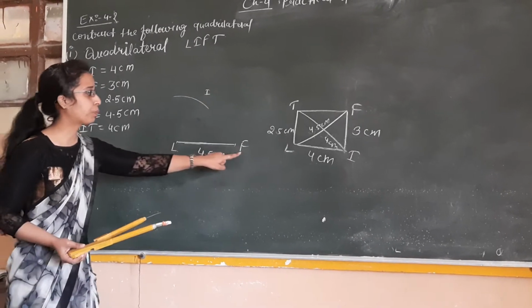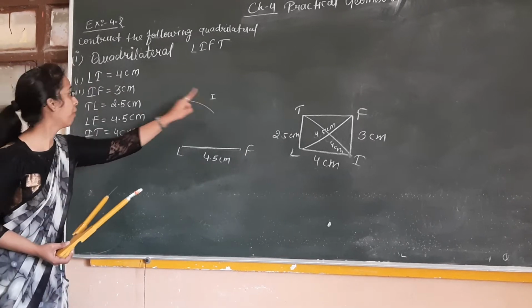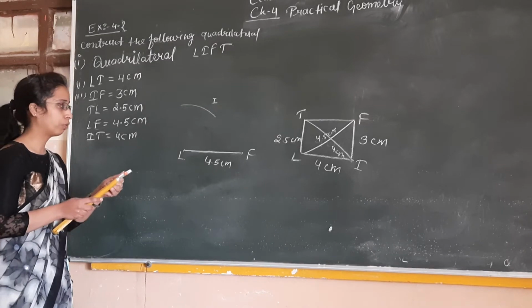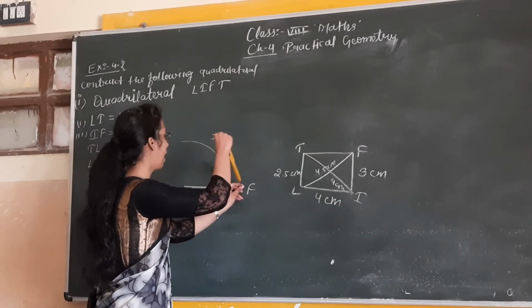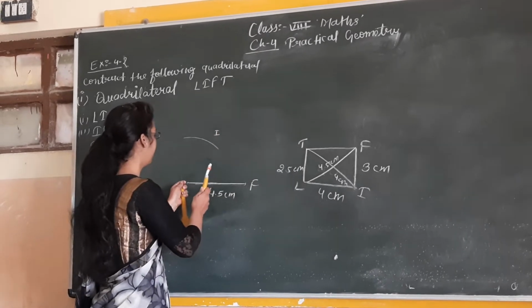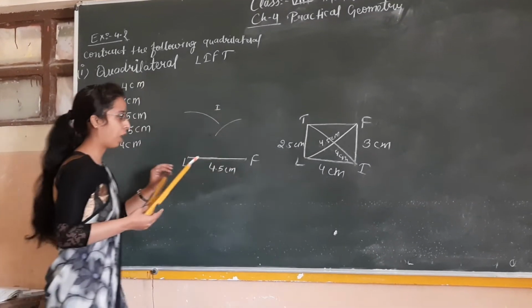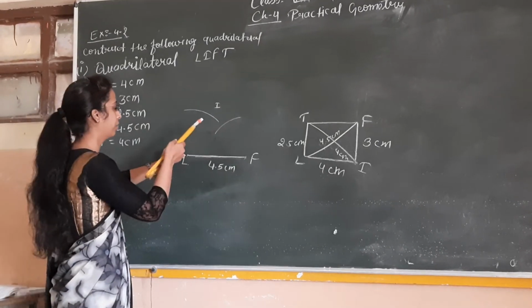Now, which side starts from F? We can see here FI. FI is 3 centimeter, so we cut an arc of 3 centimeter. We can see these are not intersecting, so we increase this arc.